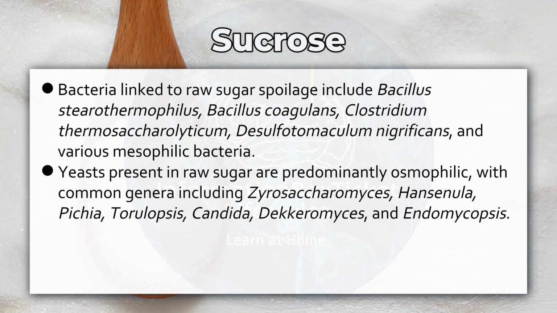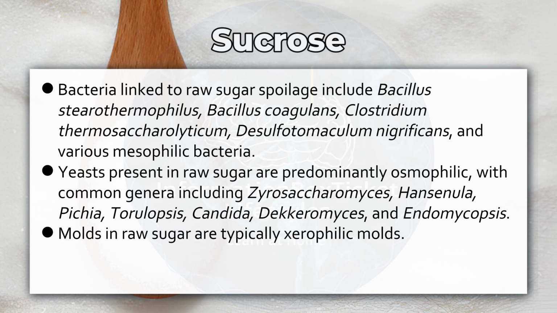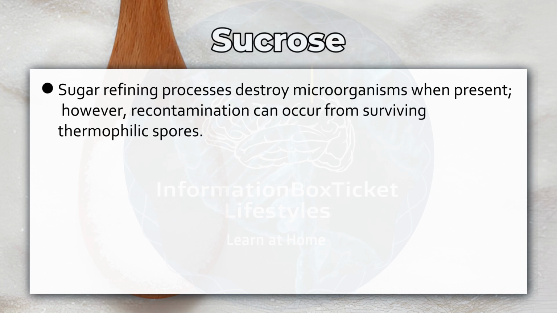Yeasts present in raw sugar are predominantly osmophilic, with common genera including Xeromyces, Hansenula, Pichia, Torulopsis, Candida, Debaryomyces, and Endomycopsis. Molds in raw sugar are typically xerophilic molds. Sugar refining processes destroy microorganisms when present. However, recontamination can occur from surviving thermophilic spores.